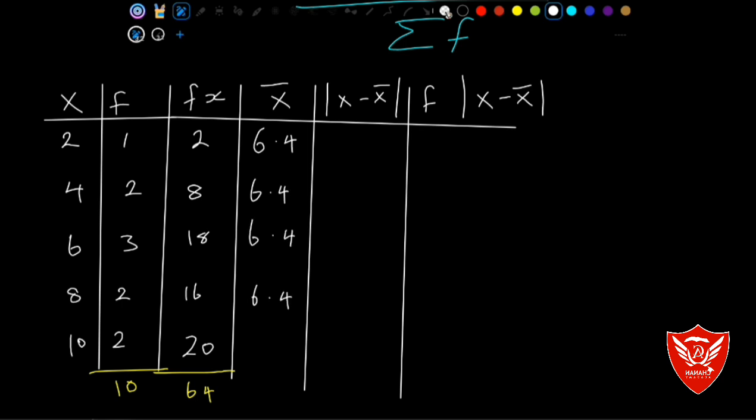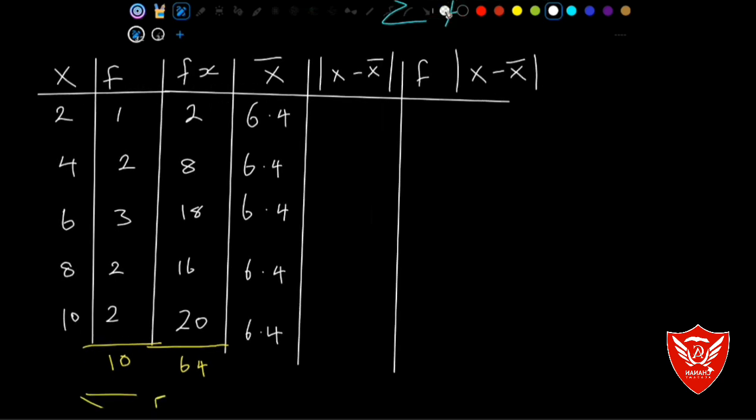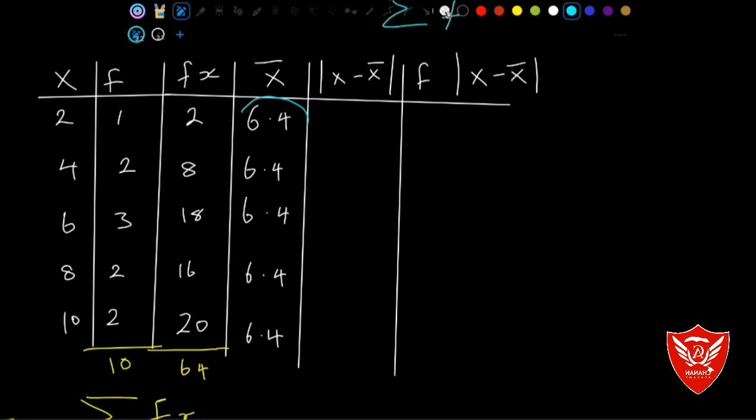For the next column, we are going to subtract the mean 6.4 from 2. If you do that, you're going to have negative 4.4. However, we are looking for the absolute value, so we ignore the negative, and it becomes 4.4. 4 minus 6.4 gives 2.4, ignoring the negative.